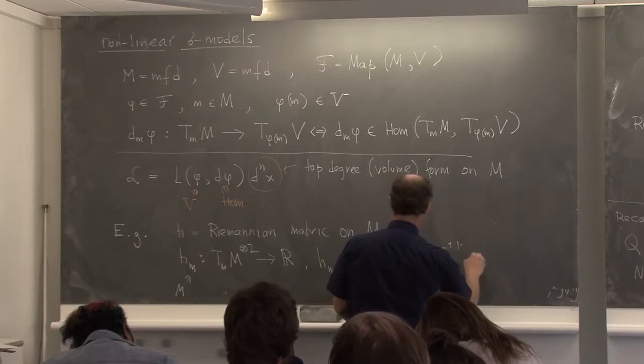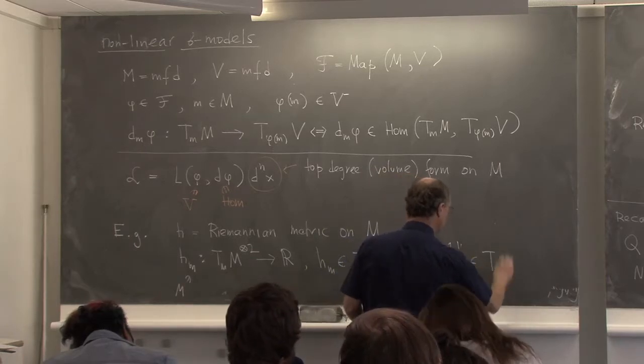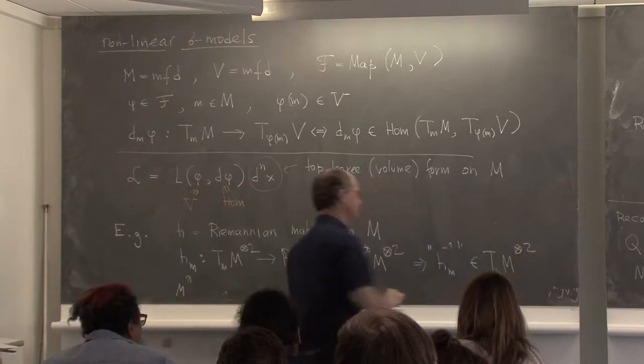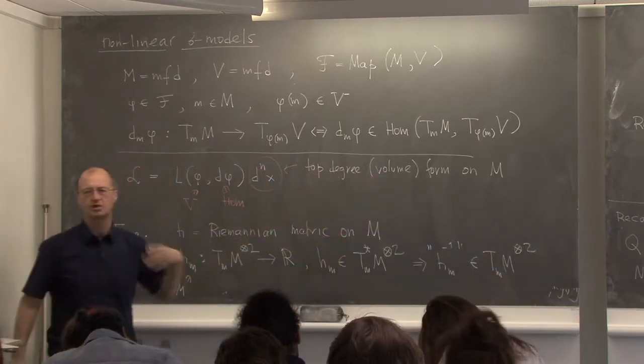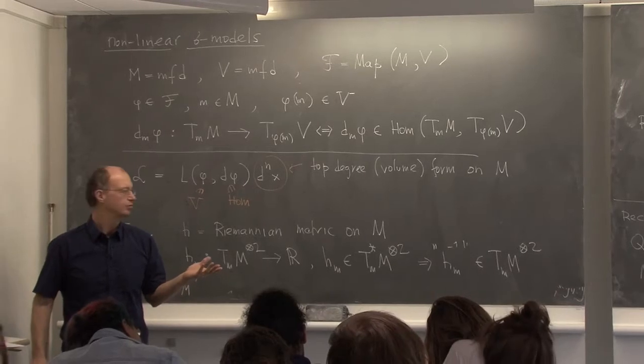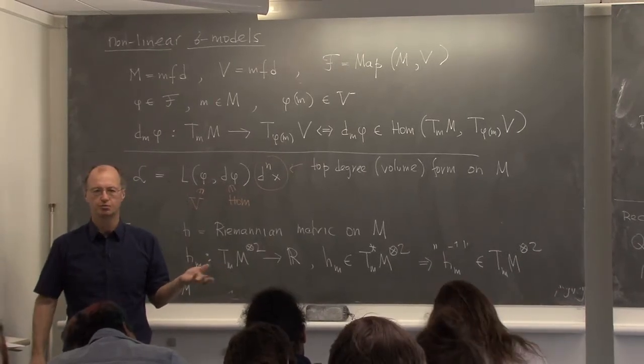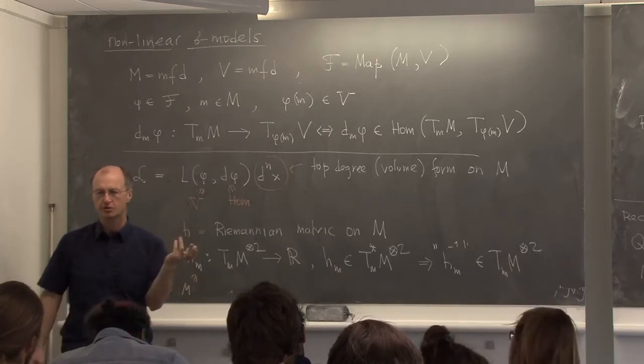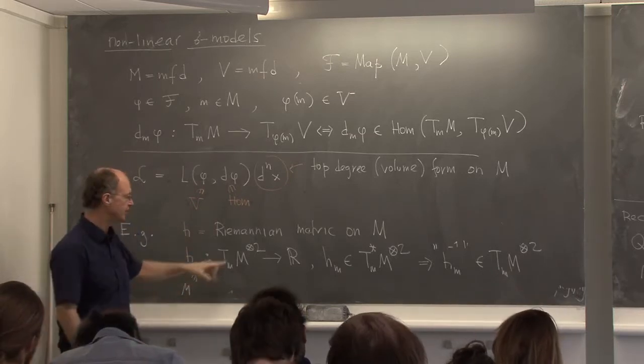Or we can think of it as an element of TmM tensor squared. That's similar to the relation that we discussed between the Poisson bivector and symplectic form. They were skew-symmetric. One was the inverse of the other.